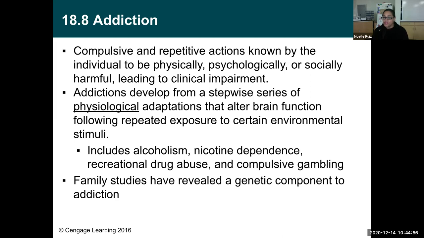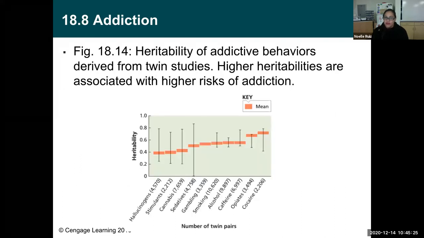Family studies have revealed a genetic component to addiction. The heritability of addictive behaviors derived from twin studies.